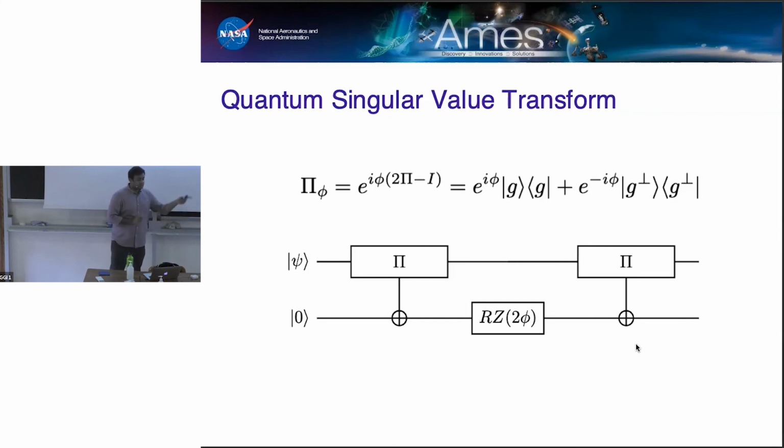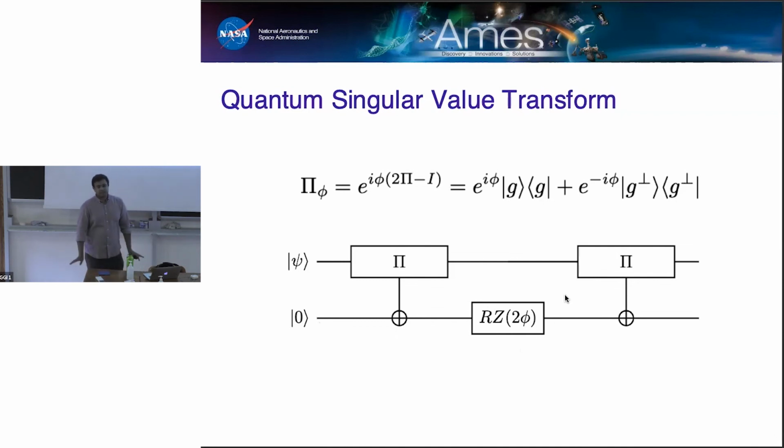In this case, it's the projector that projects onto the G state. Notice that you can realize this conditional phase by using an ancillary qubit initialized in the 0 state, doing this conditional NOT gate, applying an RZ gate, and then undoing the conditional NOT gate.